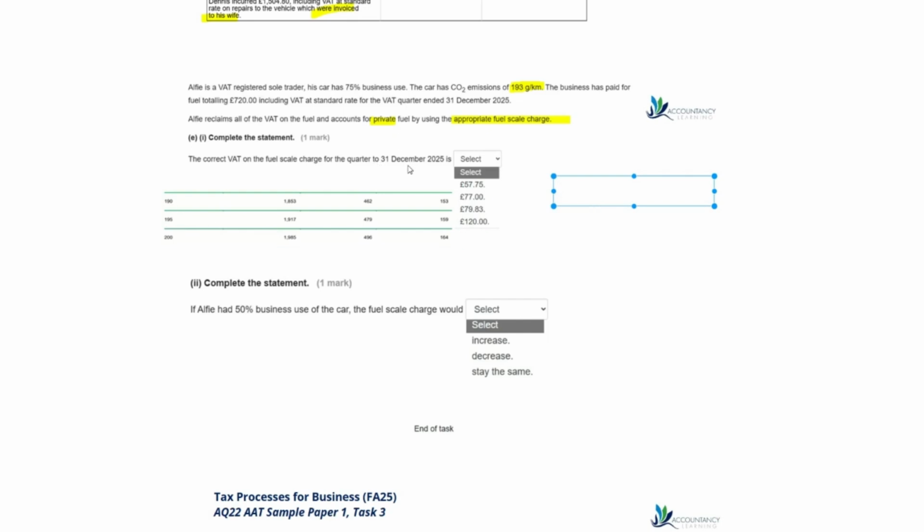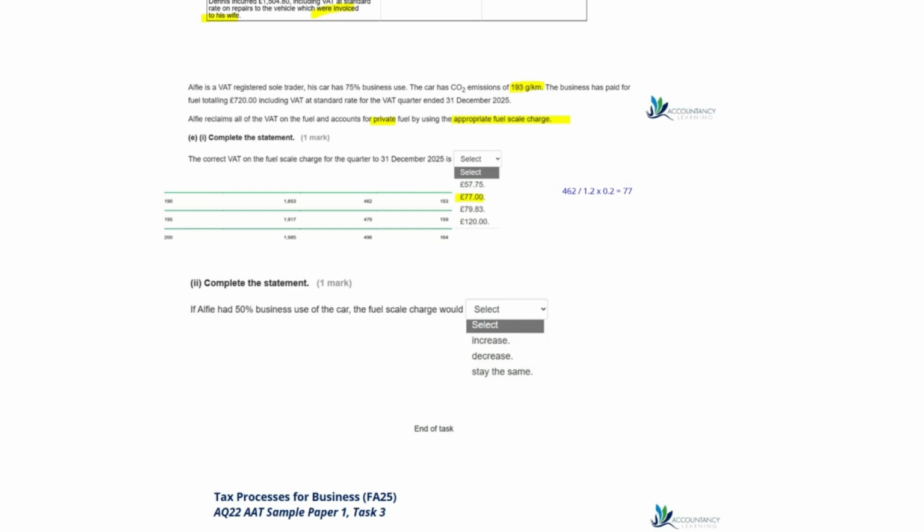And we're on a quarterly basis. So that's the middle column here. So 462 is your VAT inclusive cost. So again, we can work out the VAT on that. So our answer is £77.